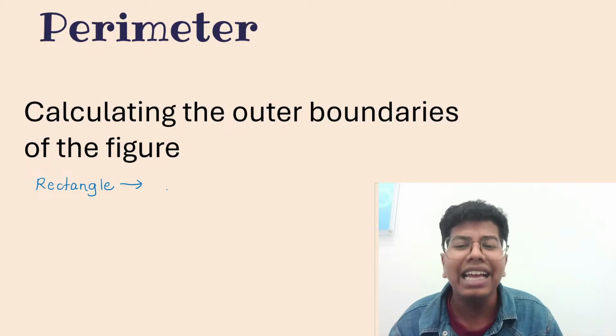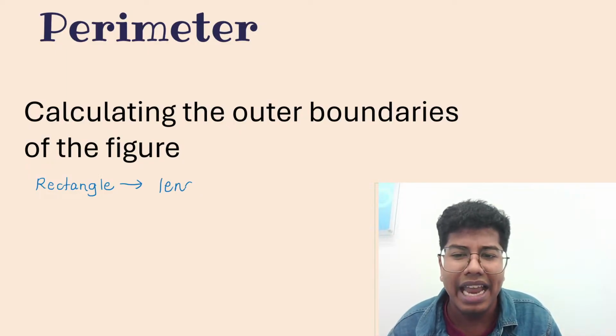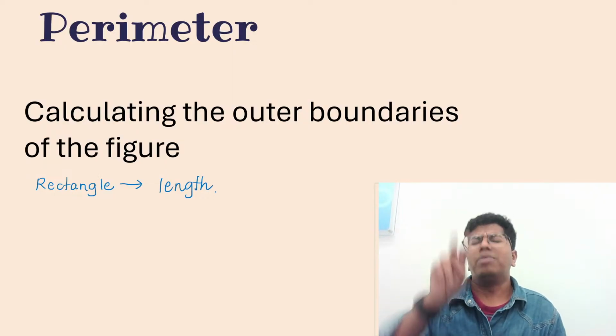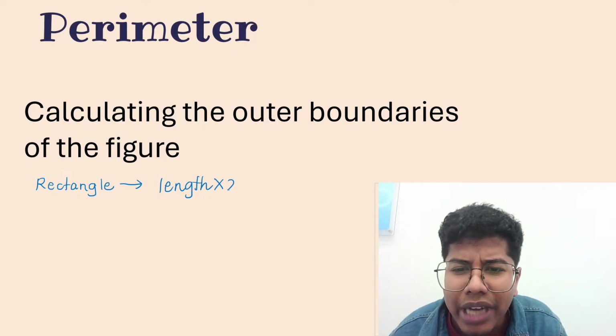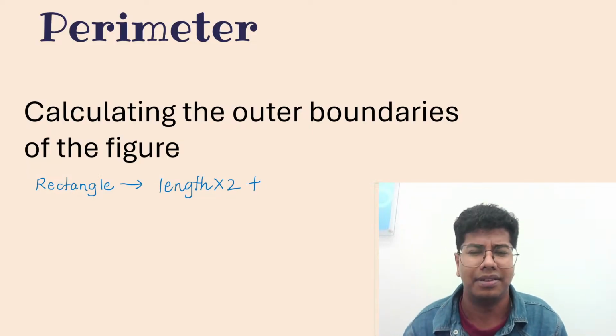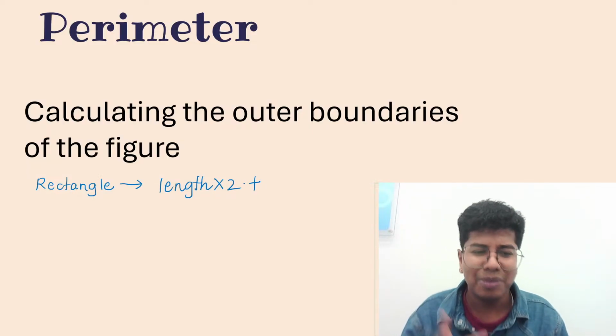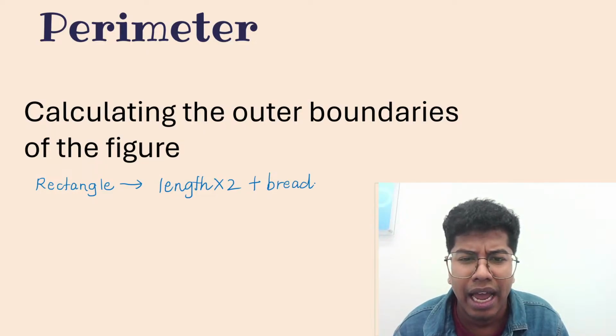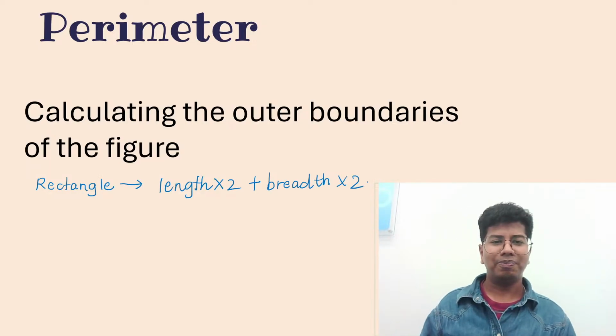The perimeter of a rectangle is length, and the length is how many times, class? 2 times. Perfect. The length will be 2 times. And what about the breadth? Breadth will be how many times? Perfect. Again 2 times. So I can write down breadth is again 2 times.